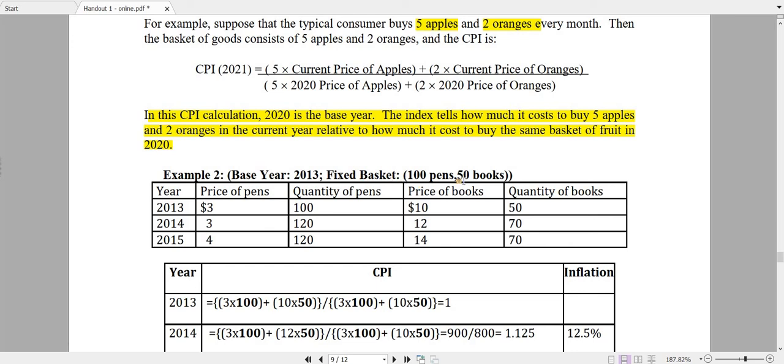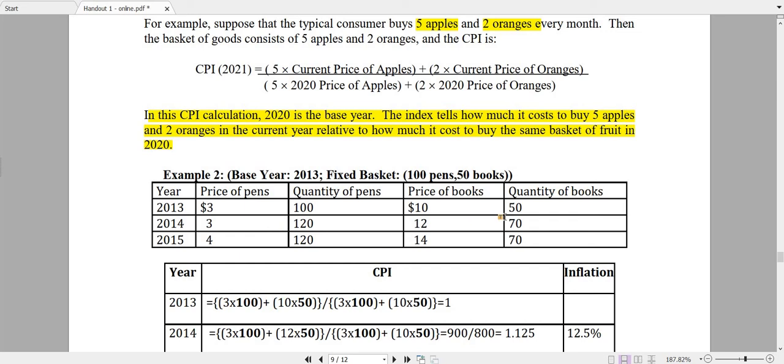So that fixed basket is 10 pens and 50 books. Let's suppose that we do a survey, and based on that survey, we say that a typical consumer is consuming 100 pens and 50 books per annum.